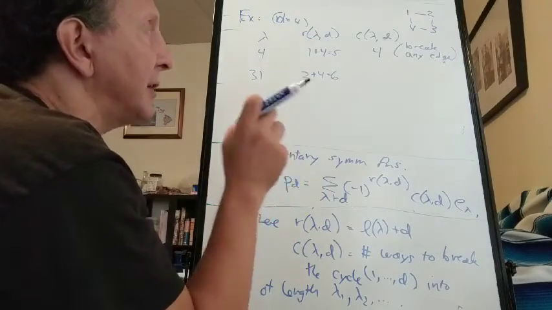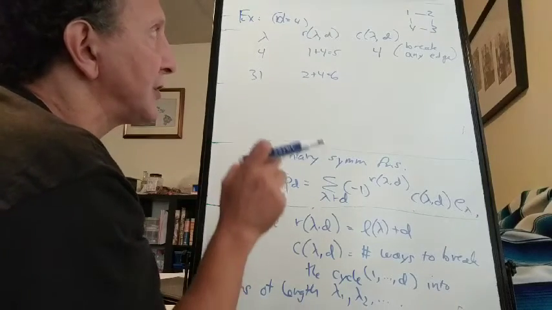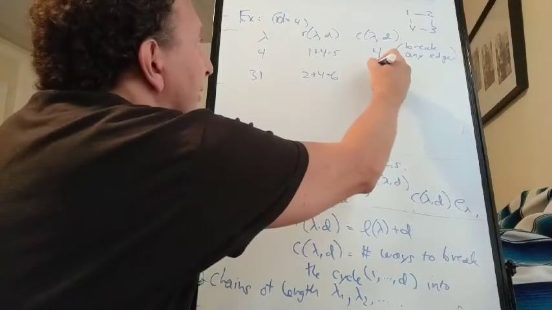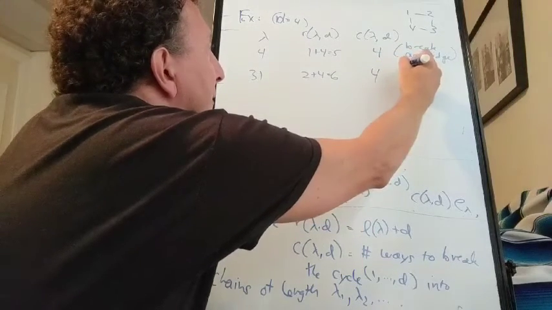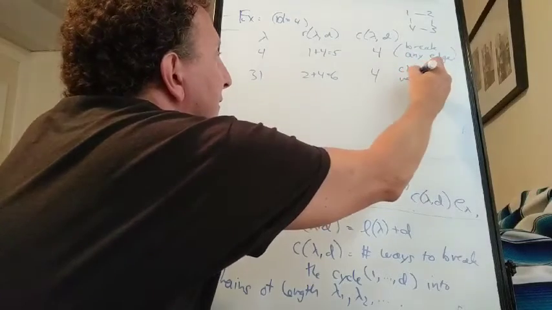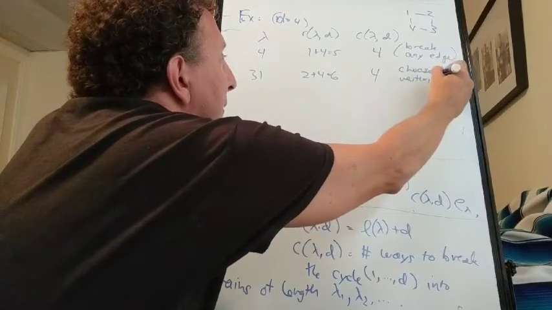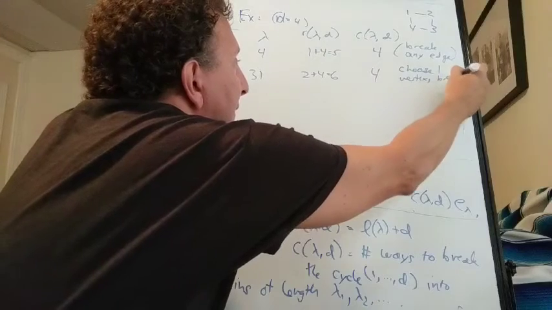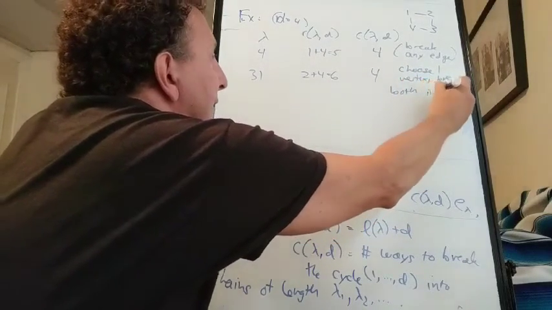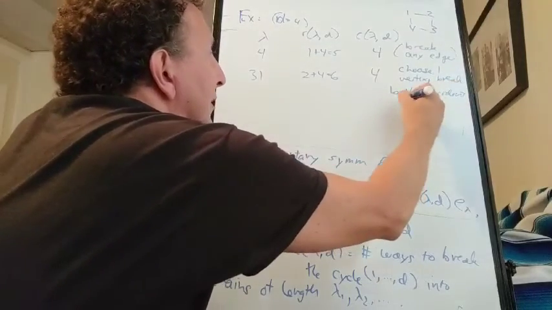So we pick one vertex, break both edges incident to it, and we're done. So 4.